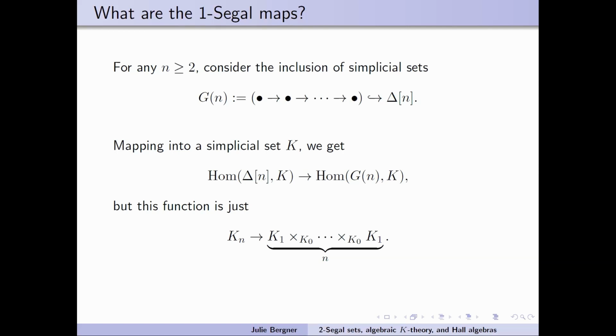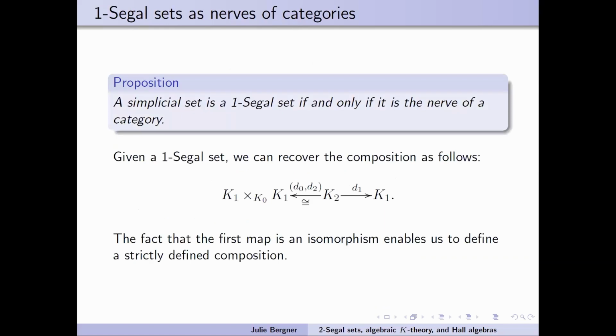So in particular, nothing I've done on this slide assumes anything. These maps exist always for any simplicial set. We're just saying, well, we're interested in when these maps are all isomorphisms. Okay, and in fact, this is exactly what characterizes nerves of categories.